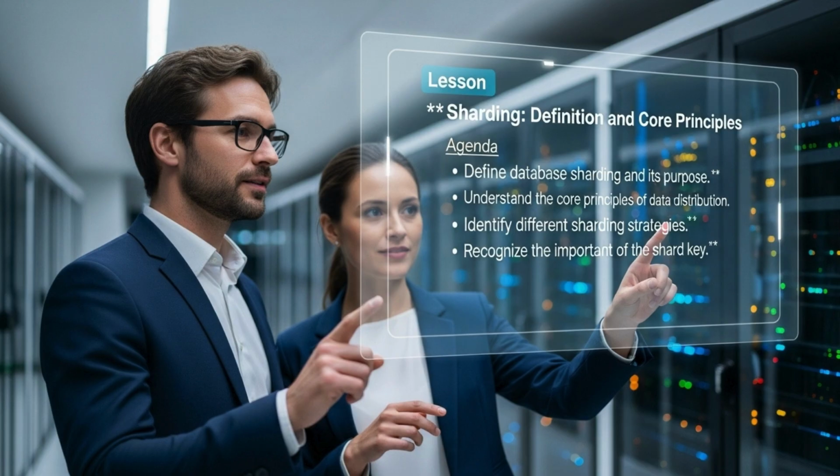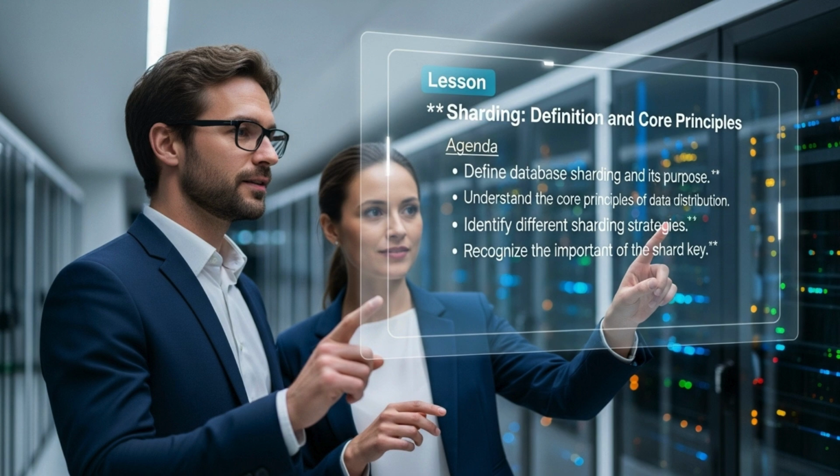By the end of this lesson, you will achieve several key learning objectives. First, you will be able to clearly define database sharding and articulate its primary purpose within a scalable architecture. Second, you'll gain a solid understanding of the core principles that govern how data is effectively distributed across multiple shards.